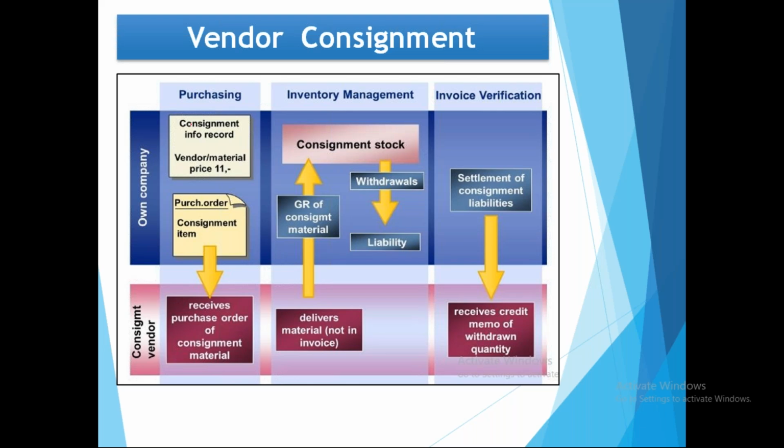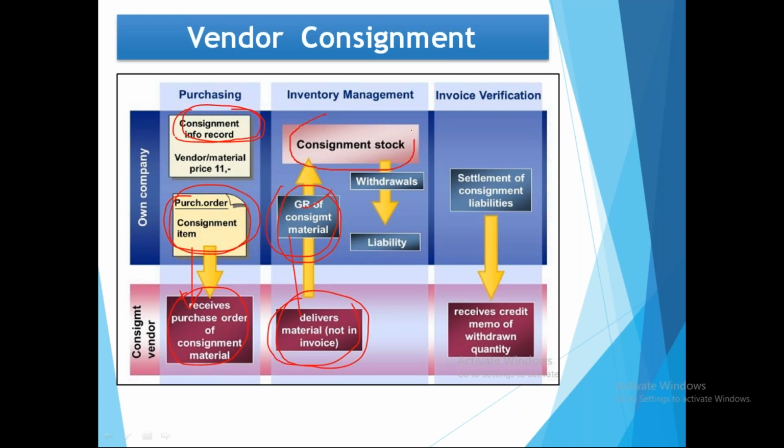So here the process flow is like this. You create a consignment info record. Then you create a consignment purchase order and issue this purchase order to the vendor. The supplier will deliver the stock and you receive it. But when you receive it, the system will not create the accounting document.